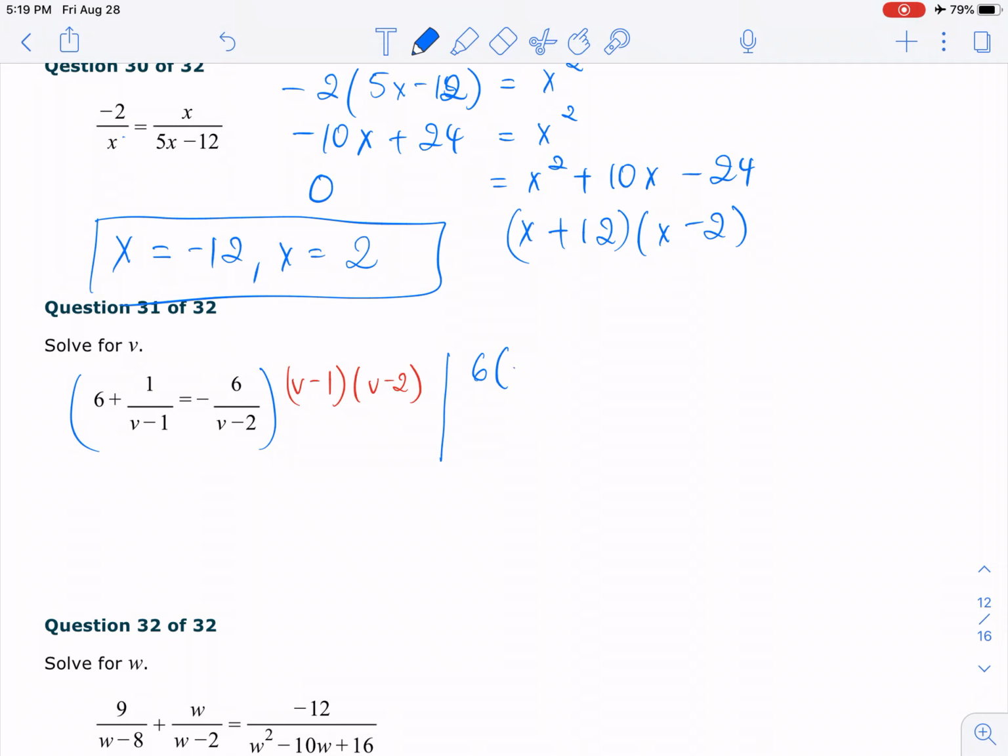So 6v, I'm just going to FOIL, because eventually you have to FOIL and distribute the number 6 over. For the second one, v minus 1 cancels out, so it's just v minus 2. And for the last one, v minus 2 cancels out, so we have negative 6 times v minus 1. So let's simplify it.